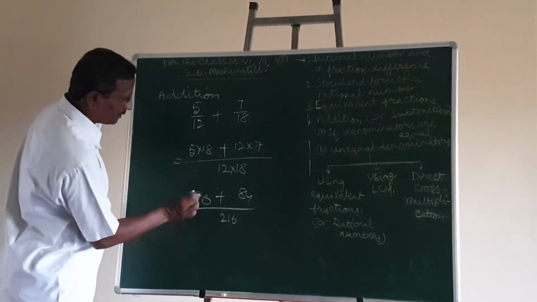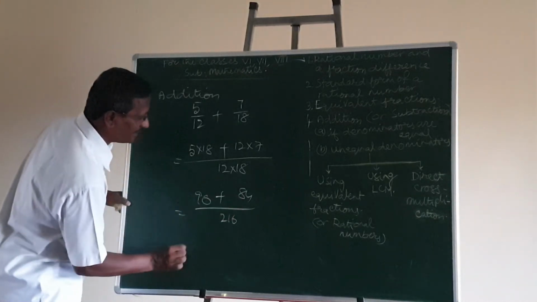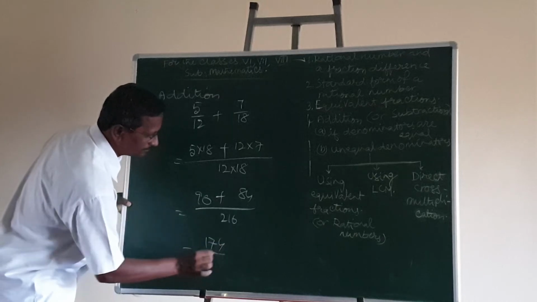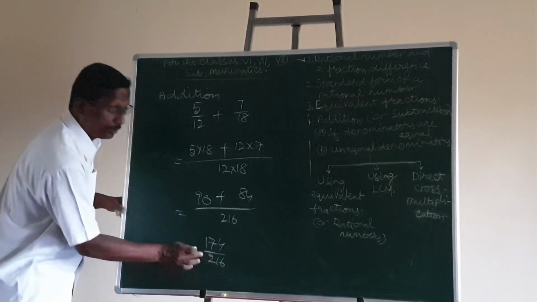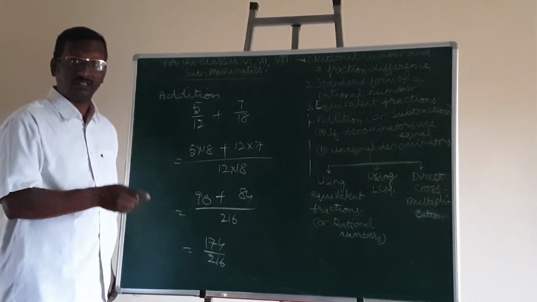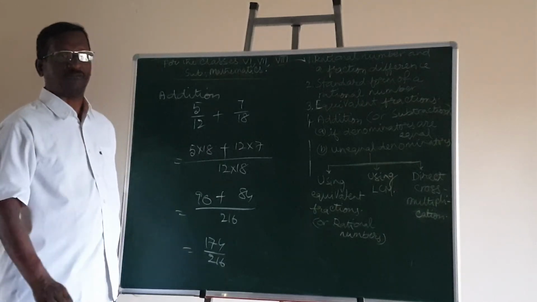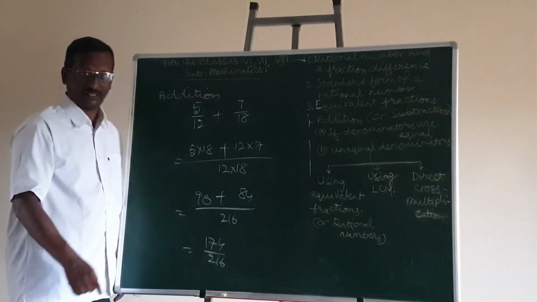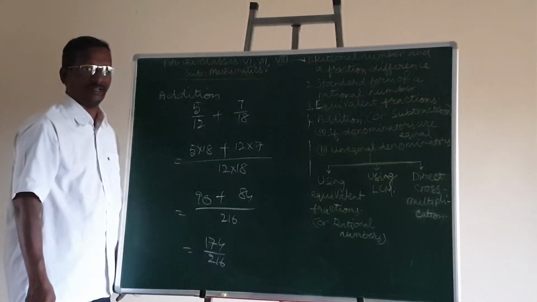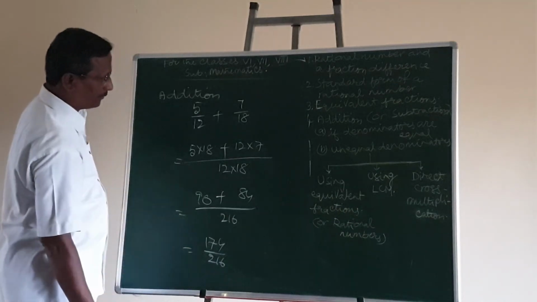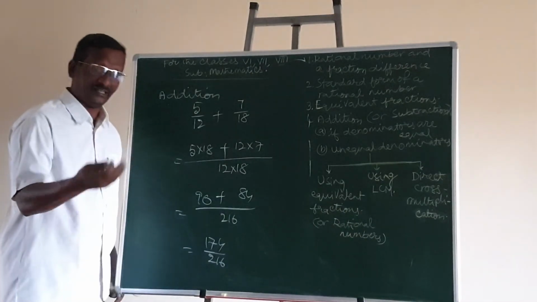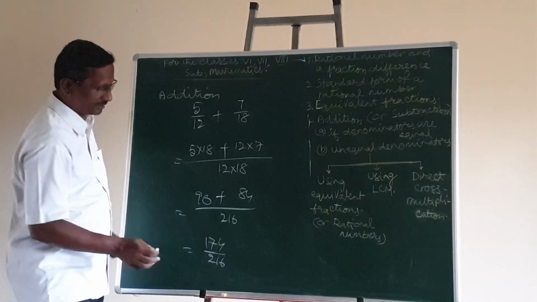Next, 90 plus 84 is 174 upon 216. Now this answer is not in standard form, which means there is a common factor. The common factor is to be cancelled, either by HCF or some other method.